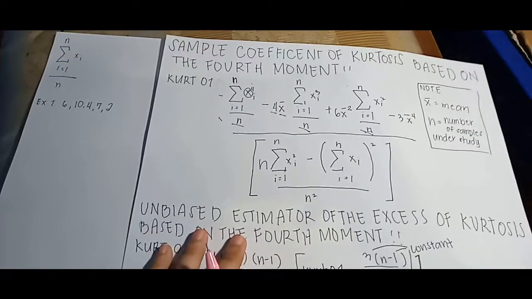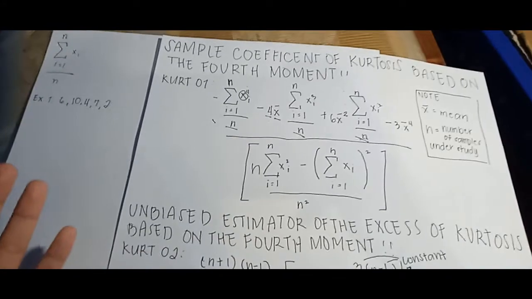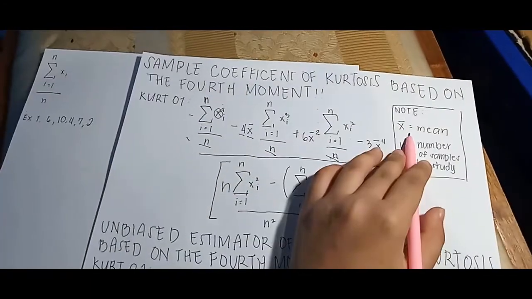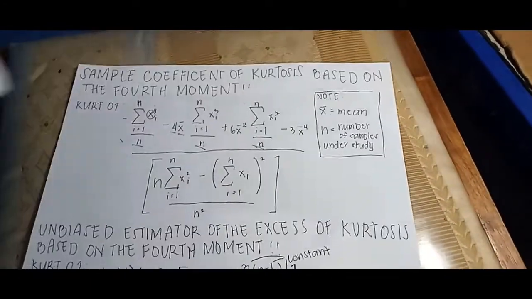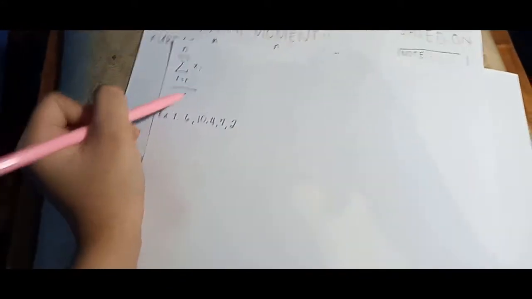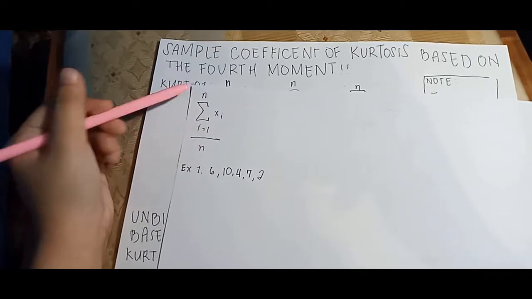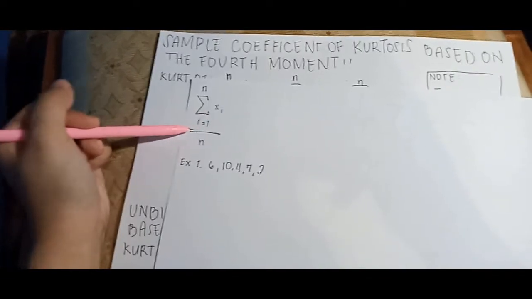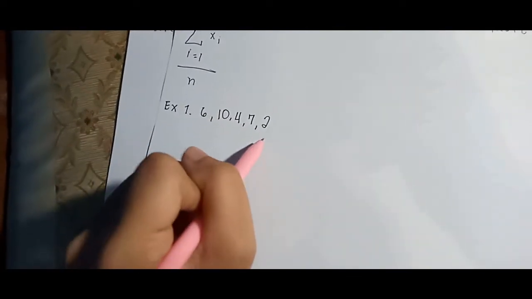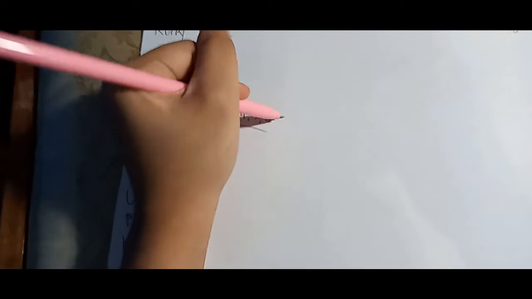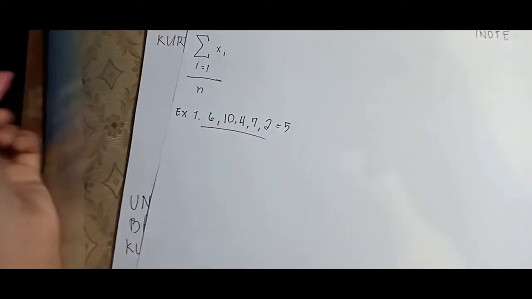Okay, so let's start off with finding the mean. On how to find the mean, I have an example here. First, let's see the formula for finding the mean. This is the formula. We get the summation symbol divided by the number of samples under study. Let's go with example 1. As you can see here, I have given a total of 5 numbers.